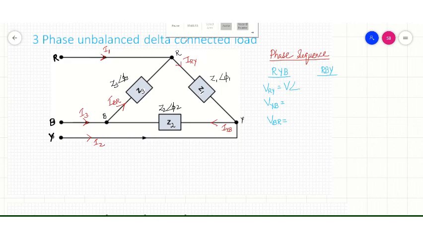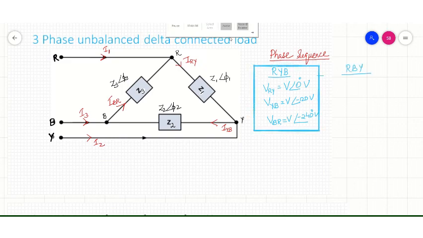We have to consider the voltages like this. VRY is V angle 0 degree volt. VYB lags VRY by an angle of 120 degrees, and VBR lags VRY by an angle of minus 240 degrees. So if the phase sequence is RYB, the line voltages should be considered like this in this sequence.